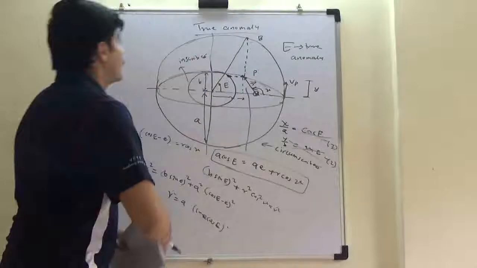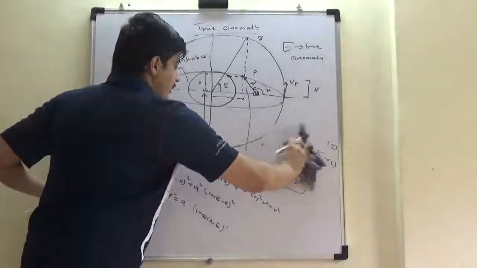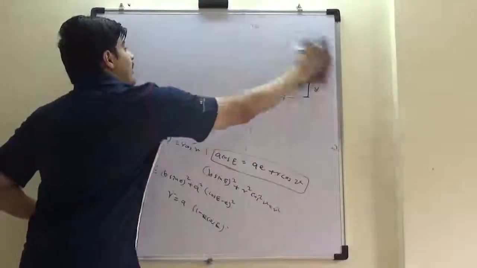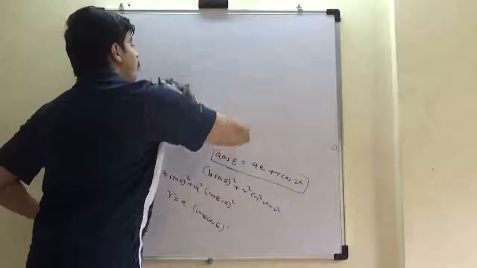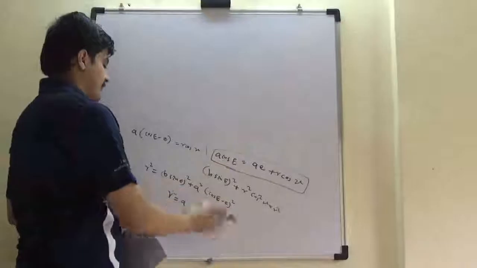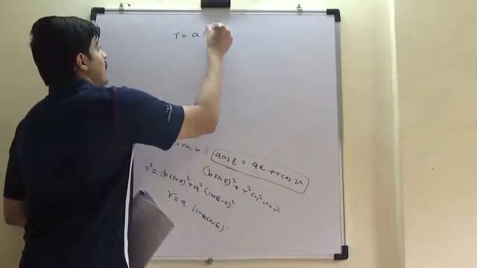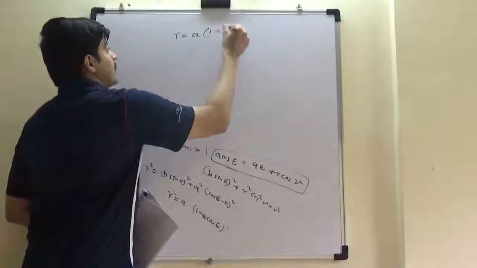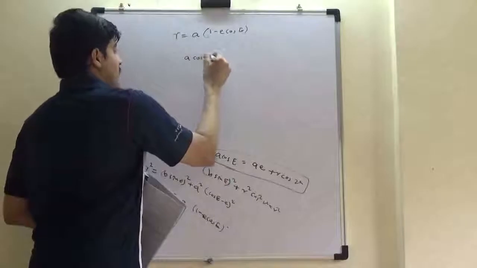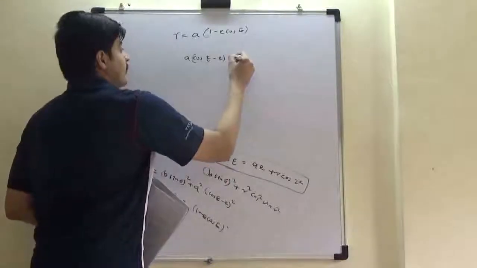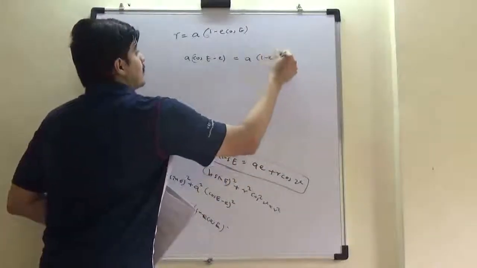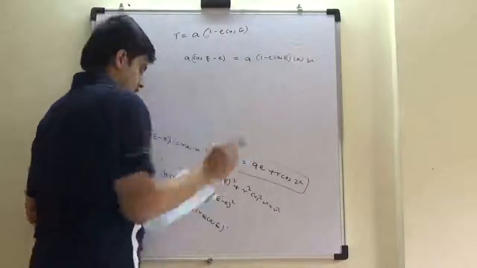Now if your diagram is clear to you, I can rub it. The whole thing you have to remember is we have drawn a circumscribing and an inscribing circle of radius a and b respectively, and a point of the ellipse is projected onto these circles to find the anomaly. Now if r is a times 1 minus e cos E, I can substitute it here to get a cos E minus ae equal to a times 1 minus e cos E cos mu.